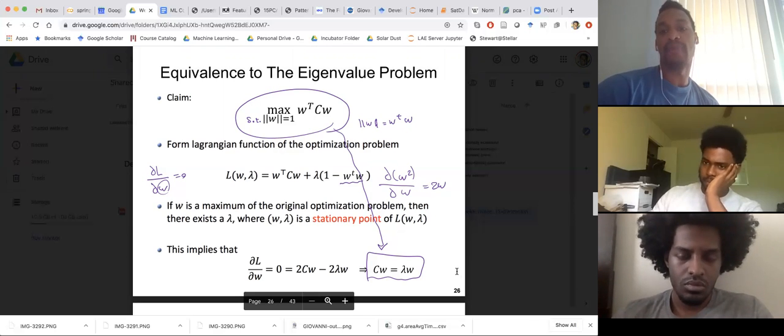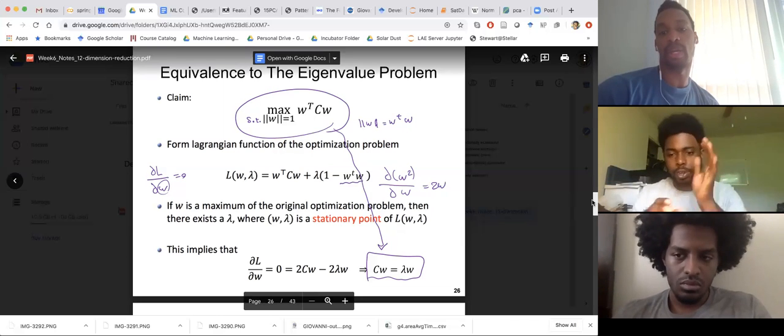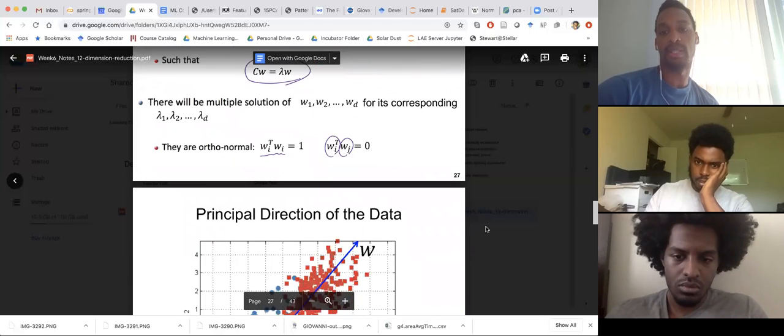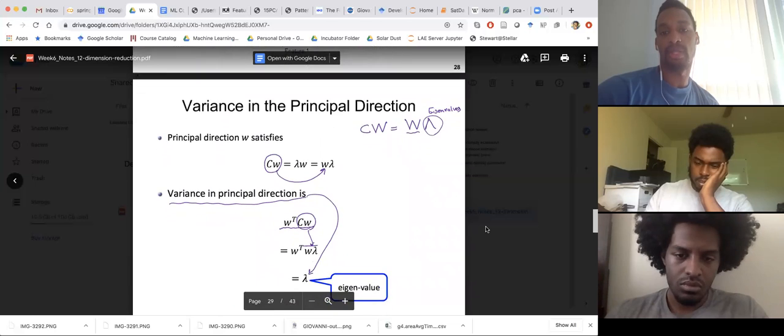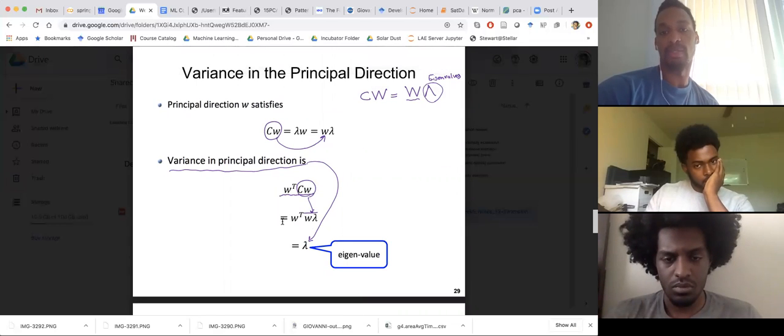Now I can multiply both sides of this equation by W transpose. So I have W transpose CW equals W transpose W times lambda.